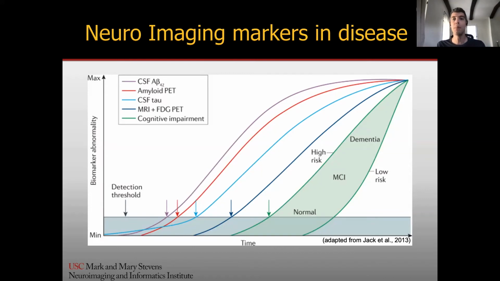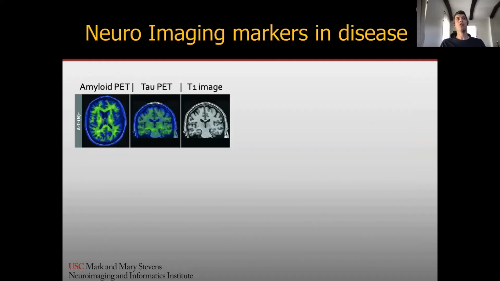So this is really important for us. In addition, as I said, this framework is by no means complete. We and others are also looking at additional factors that can contribute to this framework, such as vascular factors. And I want to talk a little bit more about that, and how neuroimaging provides this nice picture within this framework.